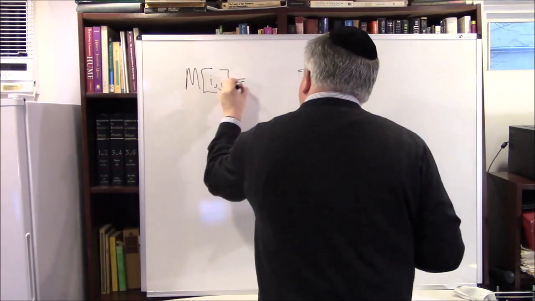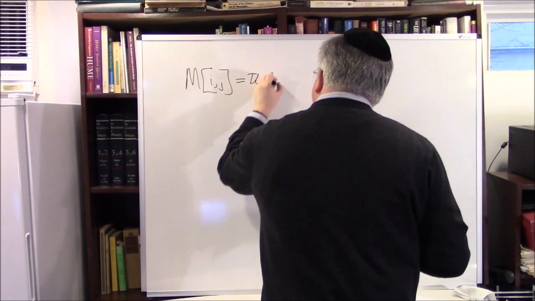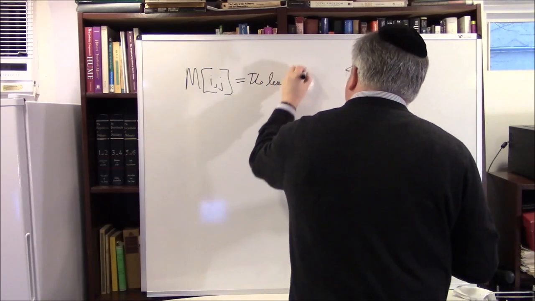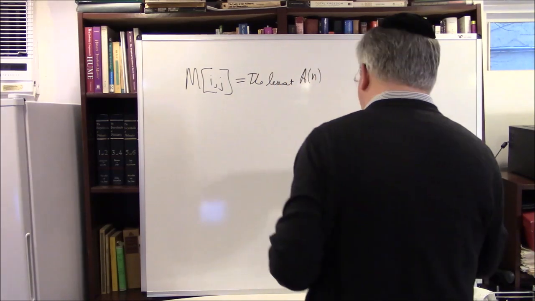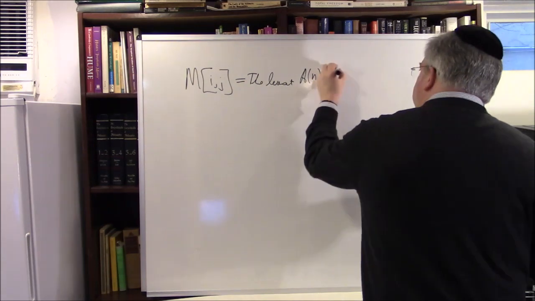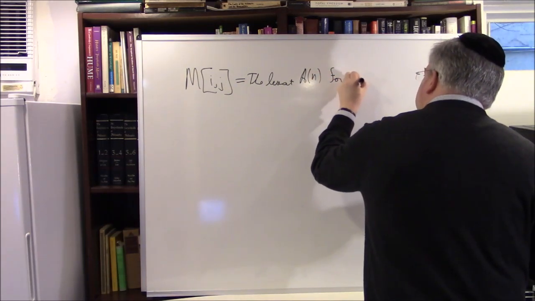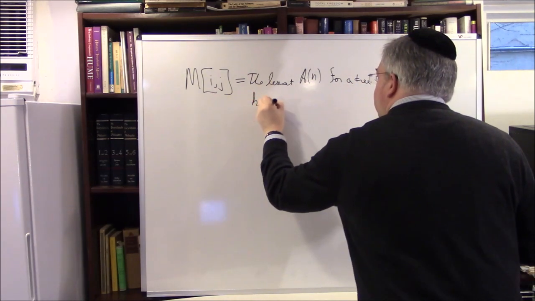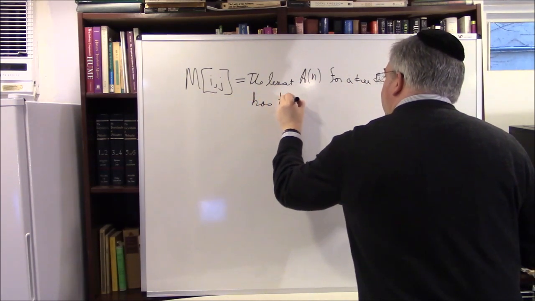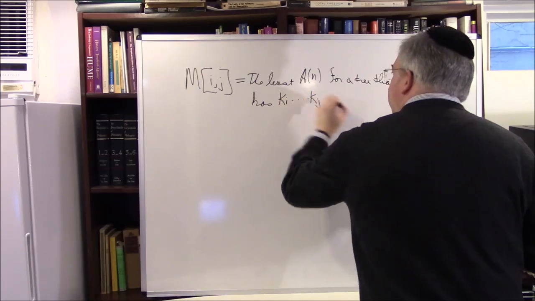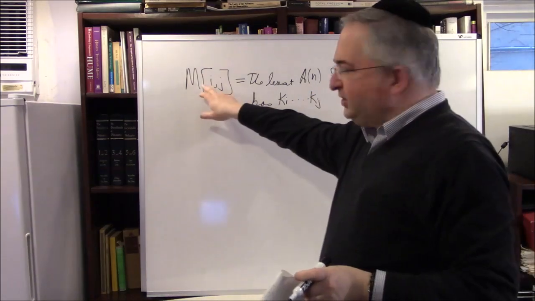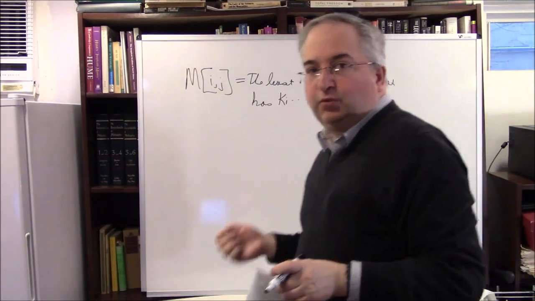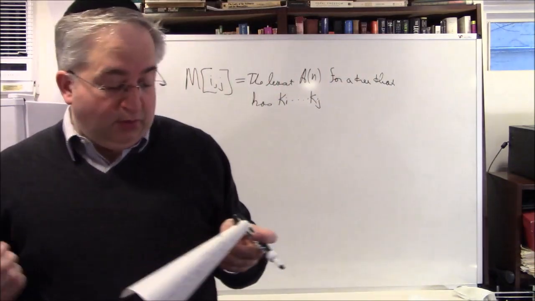What is the least AN, where AN is the average amount of work, for a tree that has the keywords Ki till Kj? In other words, if I start at Ki and I go till Kj, what is the best possible tree I have? Okay, that's what we're going to do.